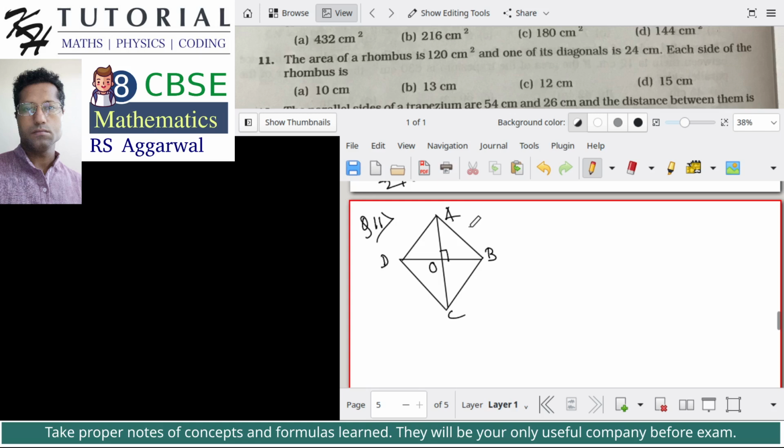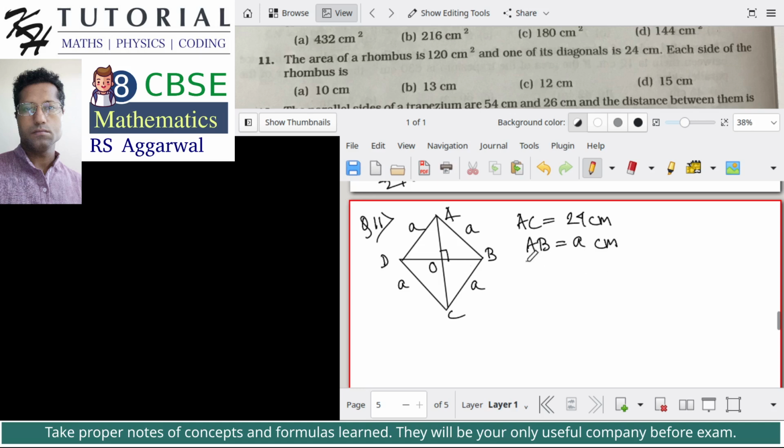Let's say each side be A centimeter. So we have AC is 24 centimeter and AB we have considered the length of each side as A centimeter.